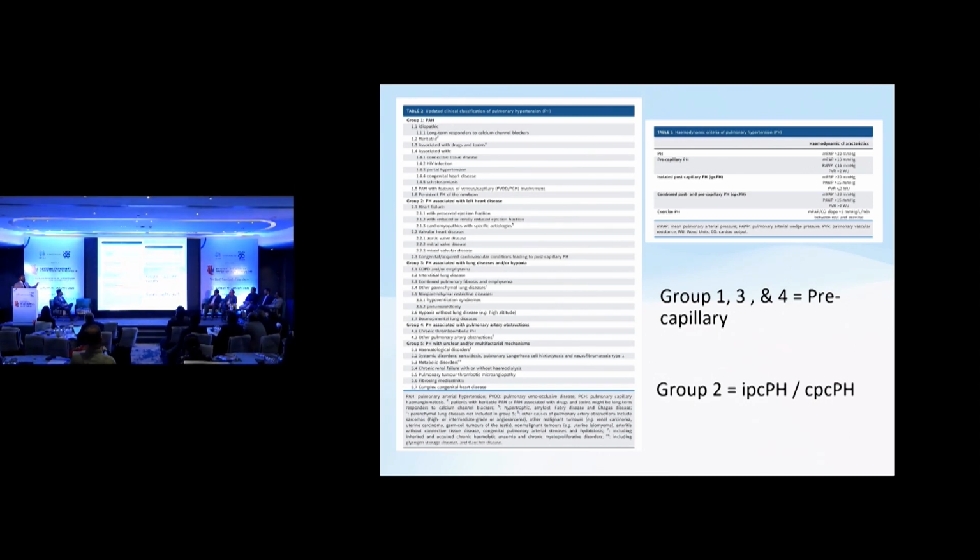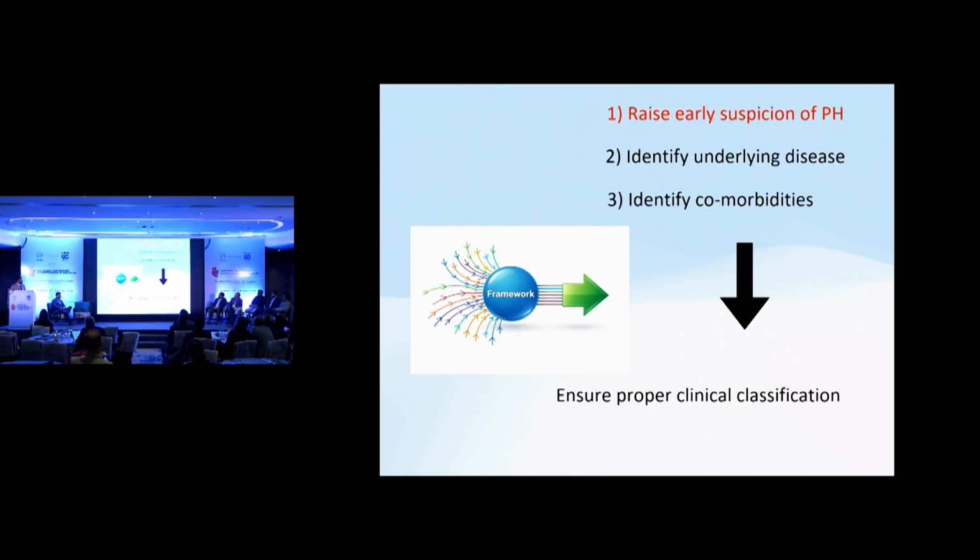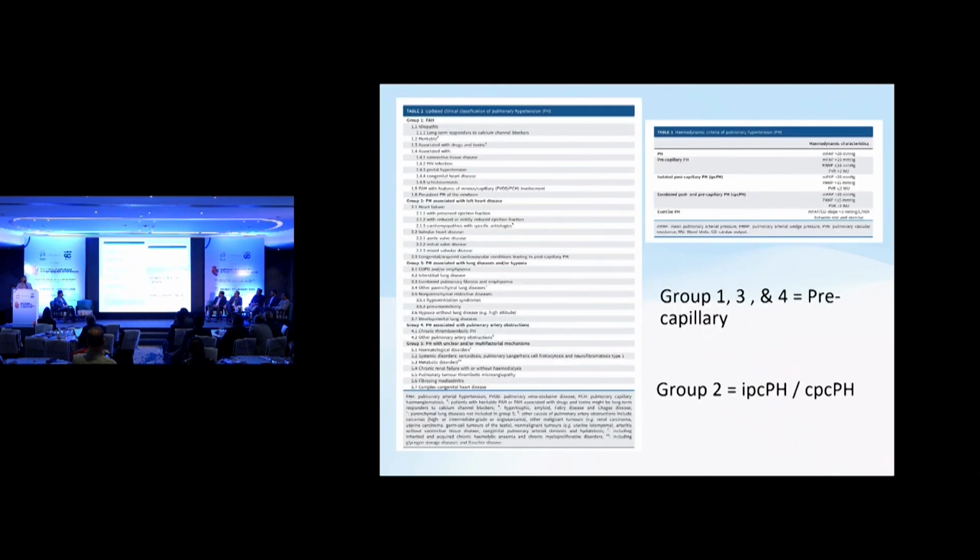You identify the disease, you identify the hemodynamic abnormality, you fit it together, you will find the classification. But the design is so simple, that's why it is so complicated. And I'm going to tell you why.